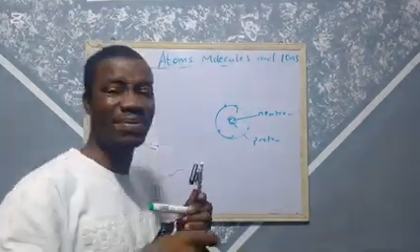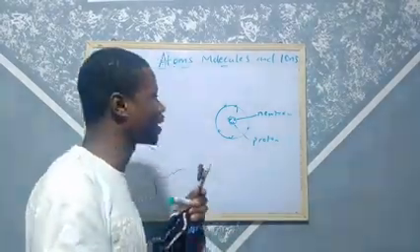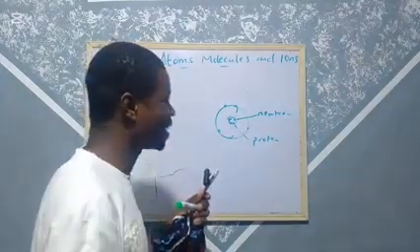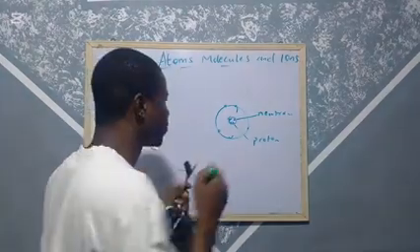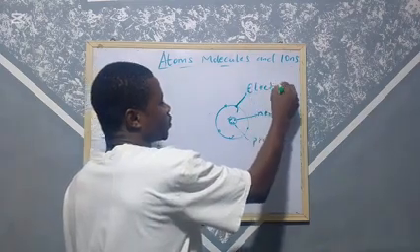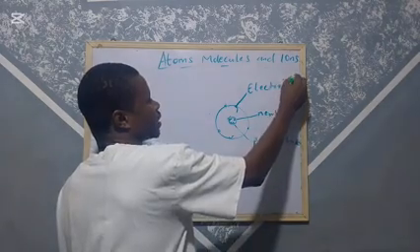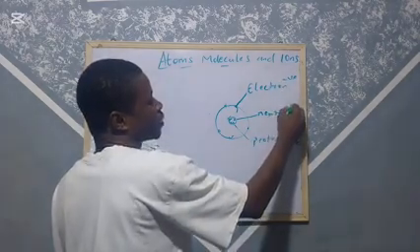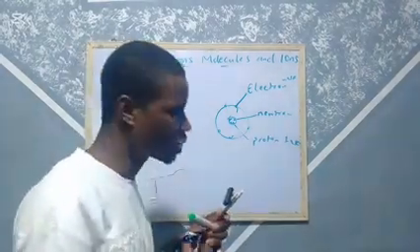The nucleus is simply the central part of an atom. Inside the nucleus, you have the neutron and the proton. The proton is positively charged, the electron is negatively charged, and the neutron is neutral. It has no charge. It's not positive, it's not negative.